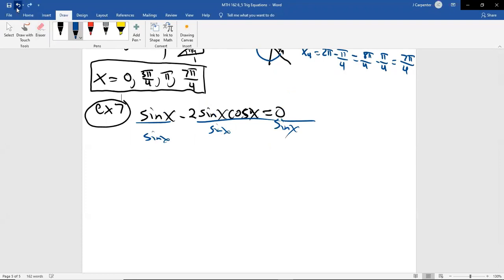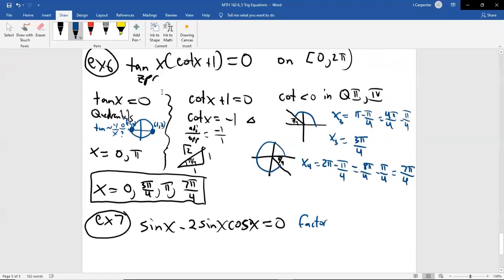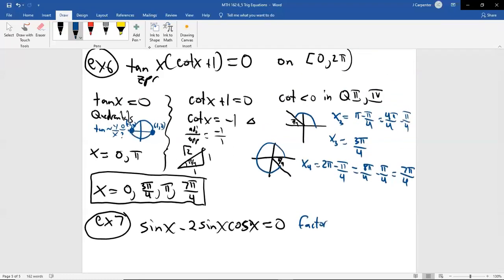That's why we never divide out common factors in equations like that. We factor them instead. So again, what I just did was an awful idea. Never, ever, ever, ever, ever do that. You will remove solutions. It goes again with the tangent and cotangent canceling, which again they do. And yes, technically you can divide everything by sine, but you're removing too many layers of complexity.